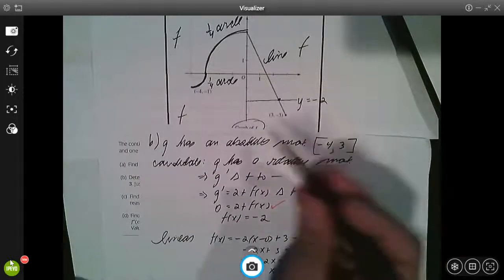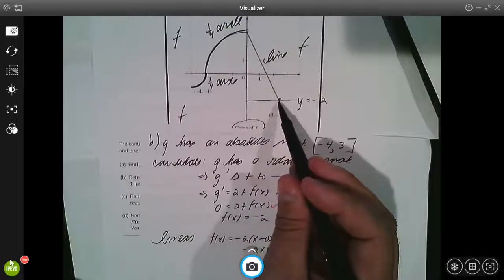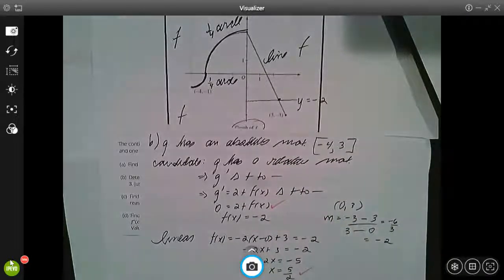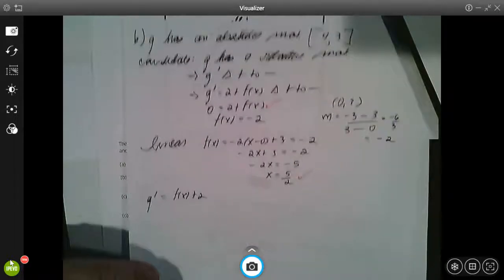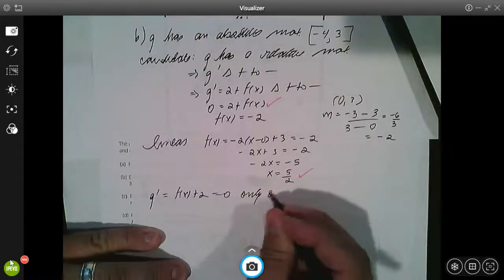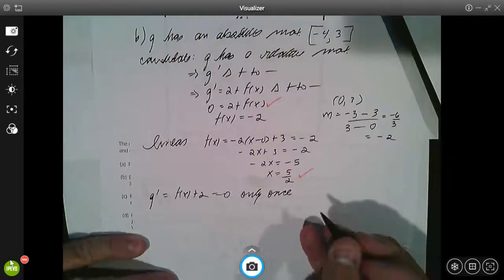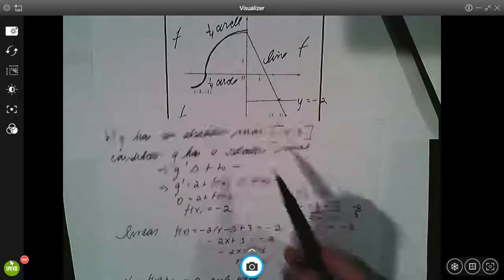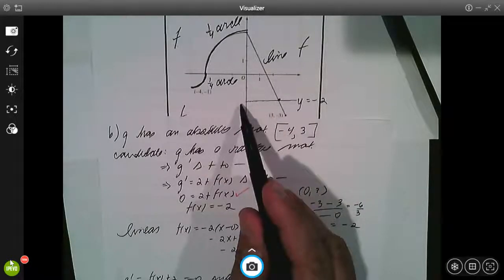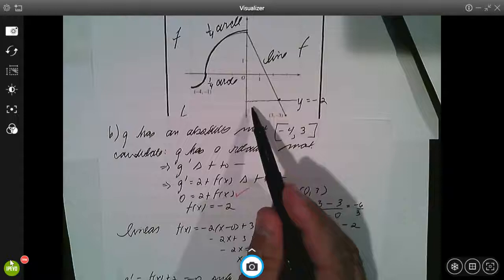Well, what I know is that g prime is only going to be equal to negative 2 this one time. Sorry. So g prime, which equals f of x plus 2, equals 0 only once. Before x equals 5 over 2, g prime is going to be positive.